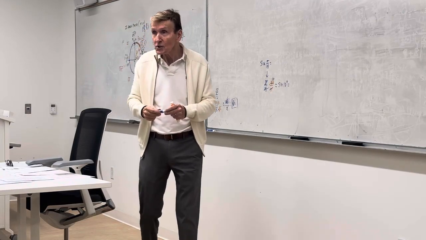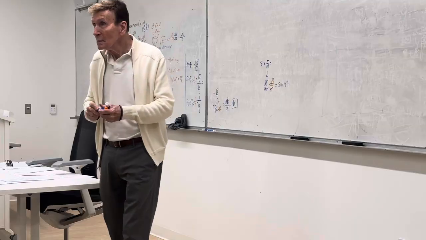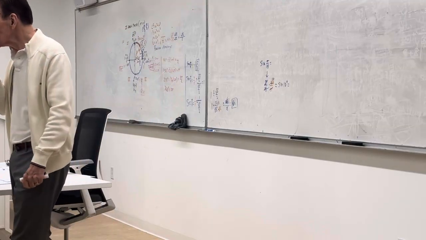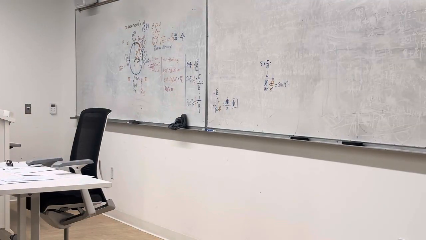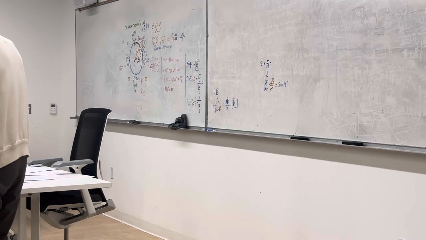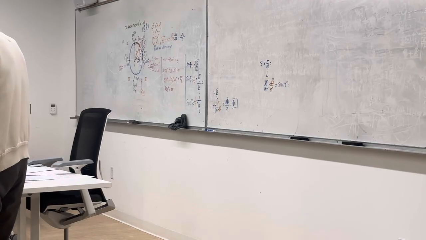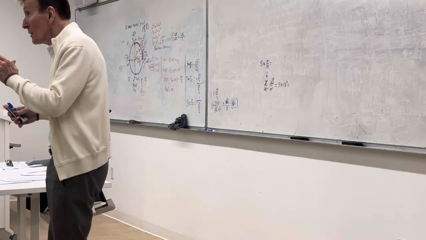I've never seen a relationship, as much math as I've had. 45, 45, oh yes, I've seen that. 30, 60, I've seen that. I've never seen anything about 10, 80. There is a relationship, but we don't know what it is.